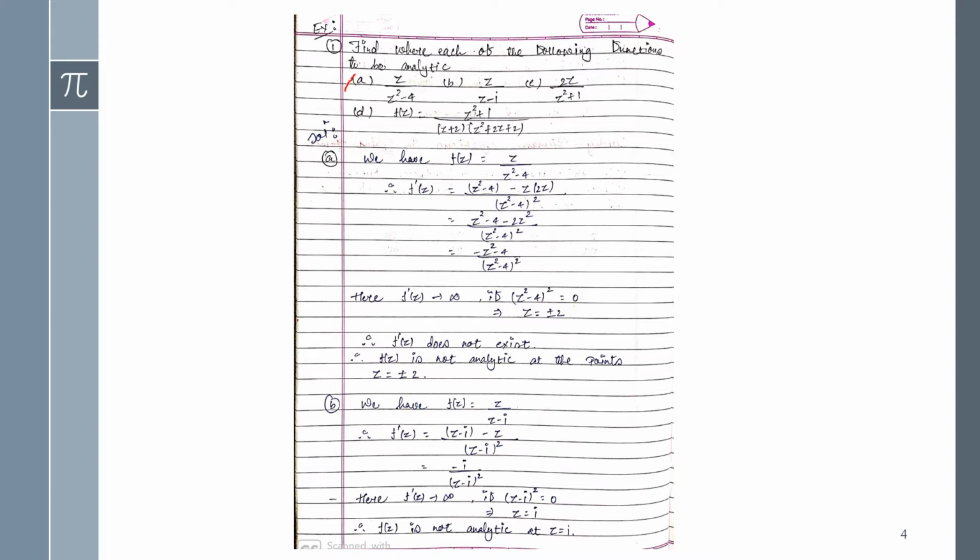The function is given: f of z equals z upon z square minus 4. I'm just giving it one name, f of z. Then you have to find its first derivative. To find its first derivative, definitely you have to apply the quotient rule, that is the division rule.